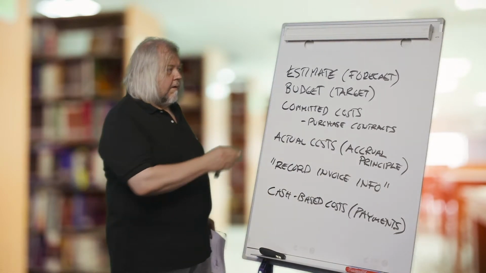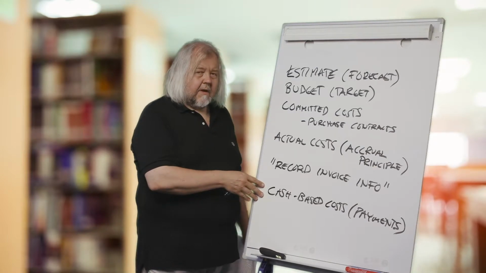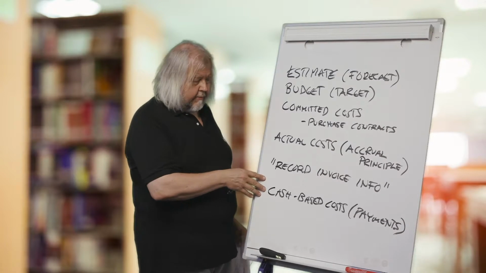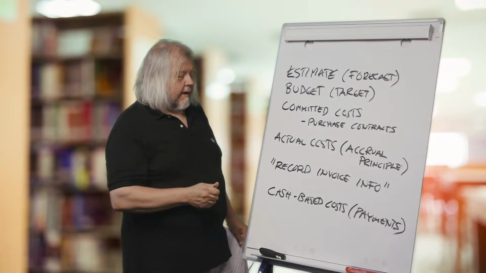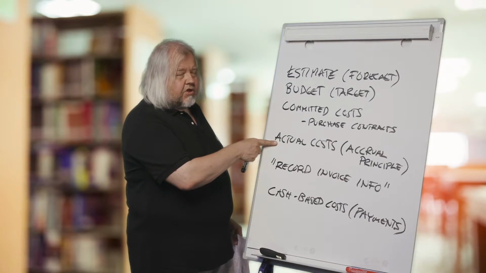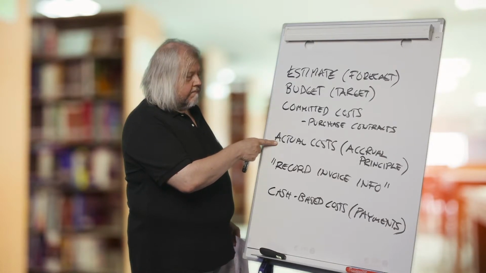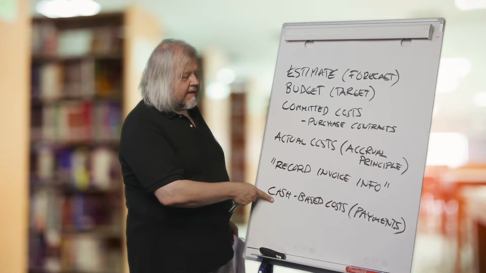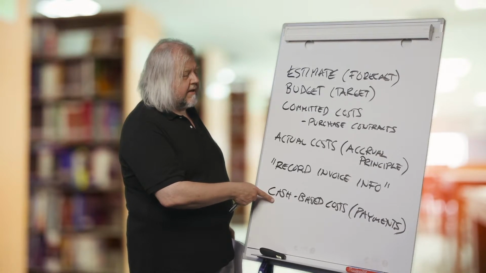Having written these things to be recorded down, we really can recognize that when the costs are incurred and when the payment is paid, there might be a big difference in time.